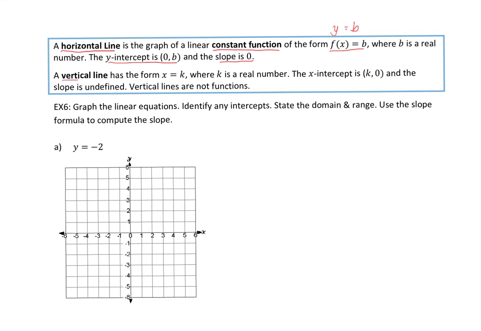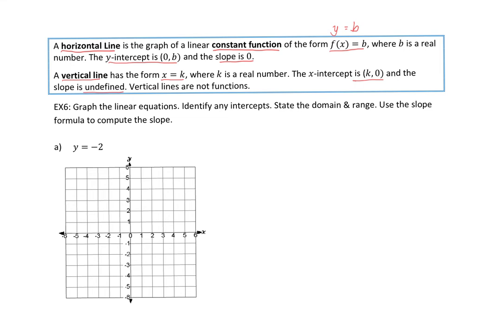Now a vertical line will be in the form x equals k, where k is just some real number. The x-intercept is going to be the point (k, 0). The slope is undefined. Vertical lines are not functions. Notice that that vertical line was not written in function notation because it's not a function.